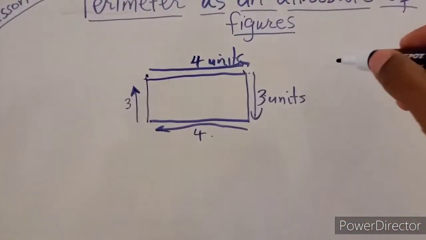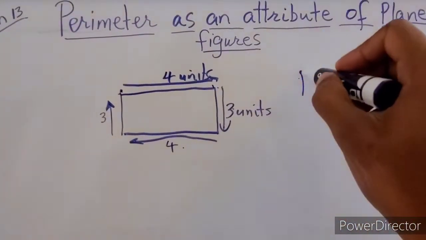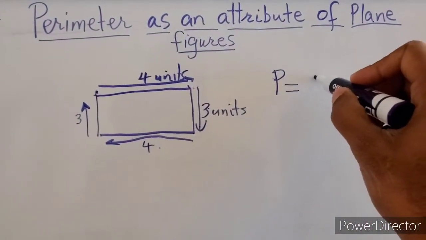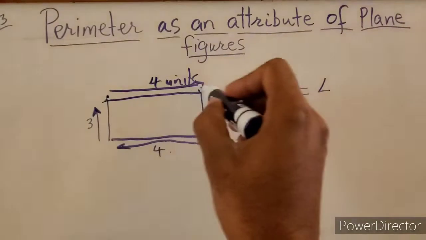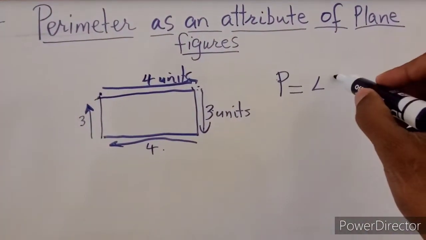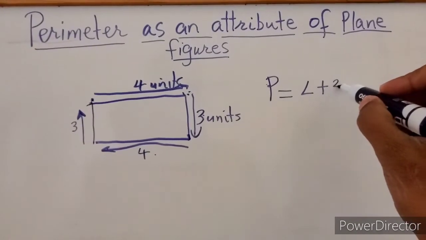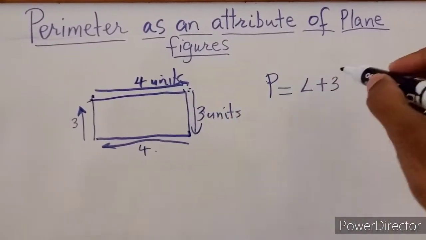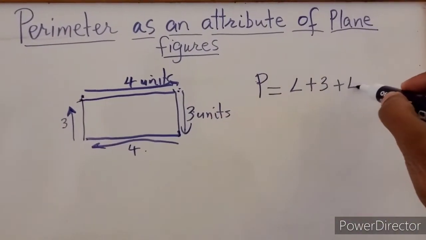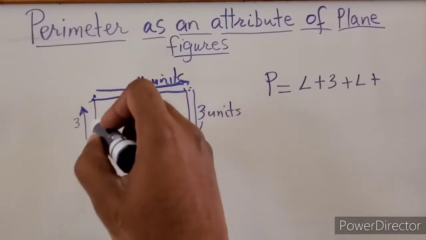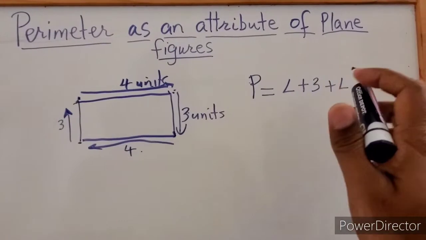Now if you're finding the perimeter of this figure, it's P for perimeter equals the length, which is this side to here, plus the width of it here, and you can also add another length, which is this side to this side, plus the other side, which is the width of it.